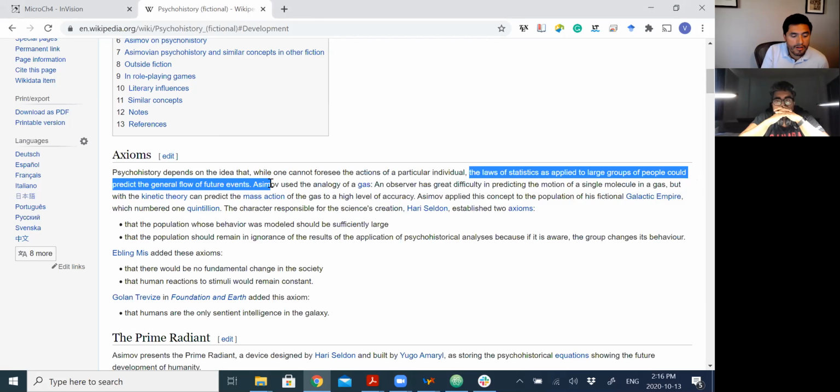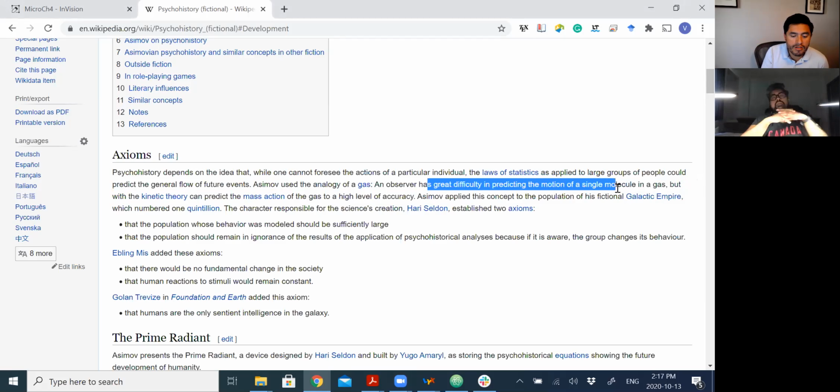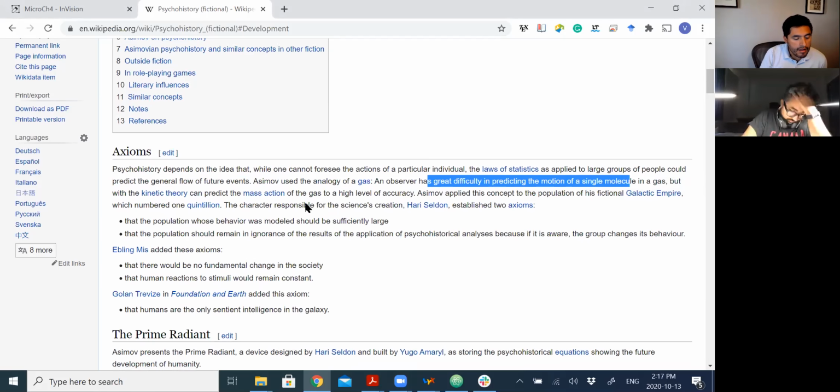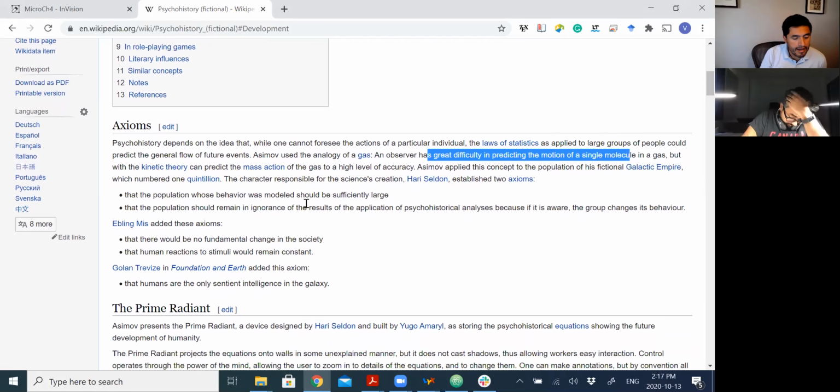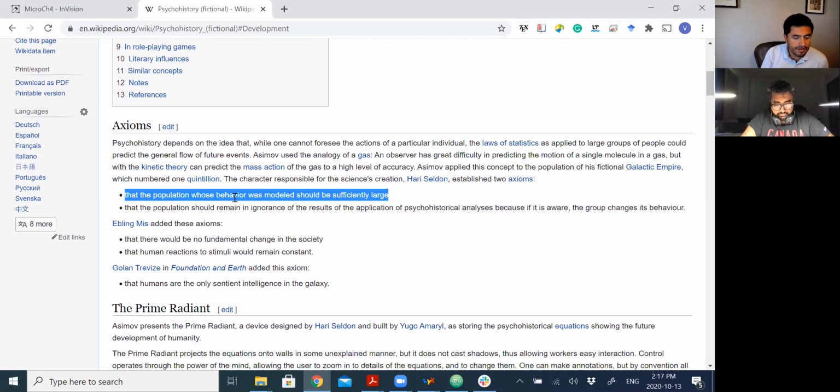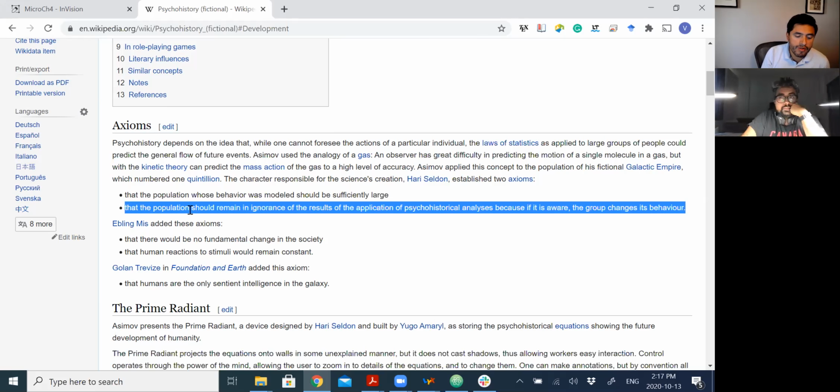He's saying, look, think of a gas. An observer has great difficulty in predicting the motion of a single molecule, but if you take an aggregate of these molecules, then you can do something, okay? And then this guy has these axioms of this sci-fi theory: that the population whose behavior was modeled should be sufficiently large, and the population should remain ignorant about the results of the application of psychohistory.